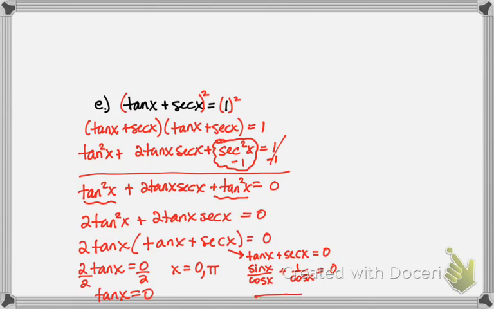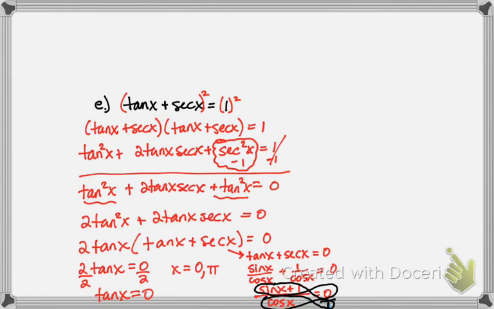When I have a common denominator, I want to write it as one big fraction. And then we haven't done this step for a while, but I'm going to put 0 over 1 right here. Let me change colors so you can see this a little bit better. I'm going to put 0 over 1 right here, and I'm going to actually cross multiply. I can cross multiply, I just cannot divide both sides by a trig equation.